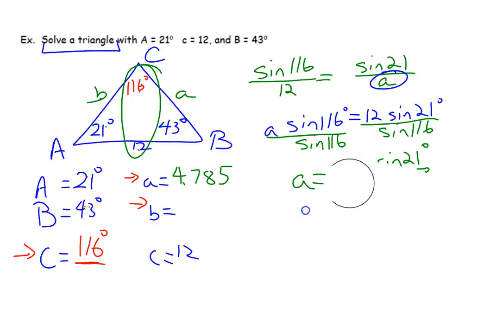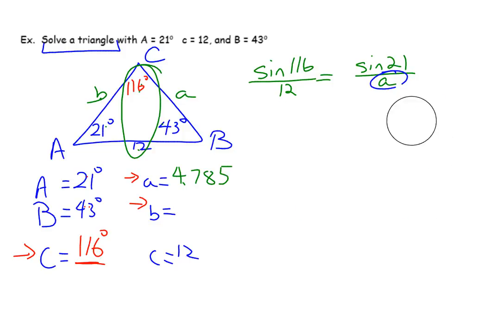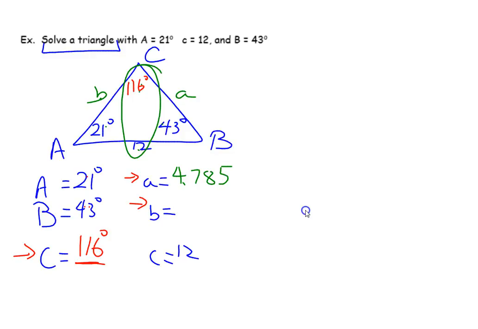Now I'm going to do the same thing, but this time I'm finding side b. All right, so I've got to use the law of sines to write another equation. That equation would say, again, I want to use the complete package of the 116 degree angle and his opposite side 12. But this time that'll equal the sine of angle B, which is 43 degrees, over opposite side b.